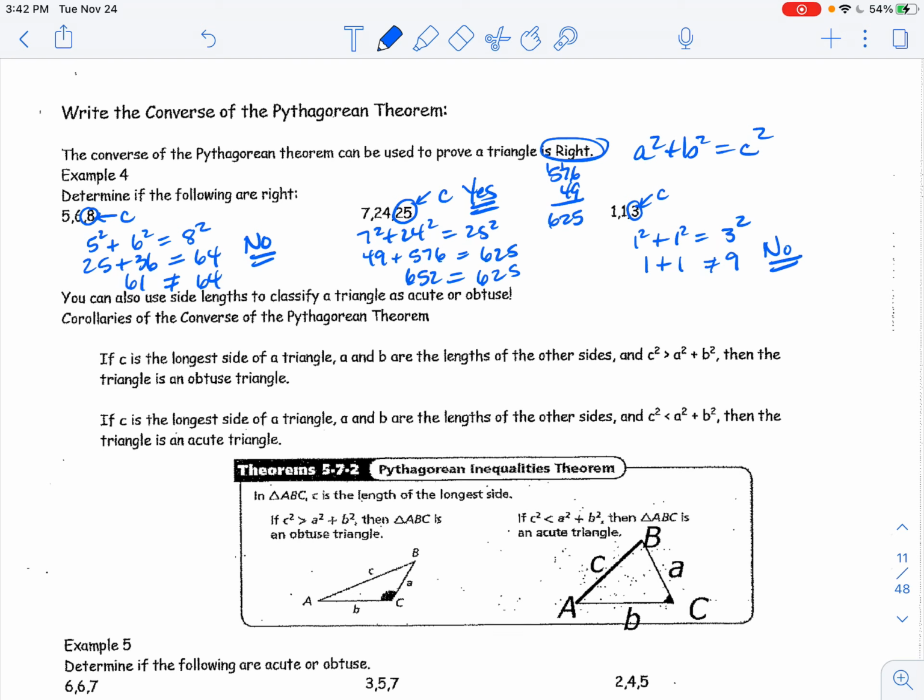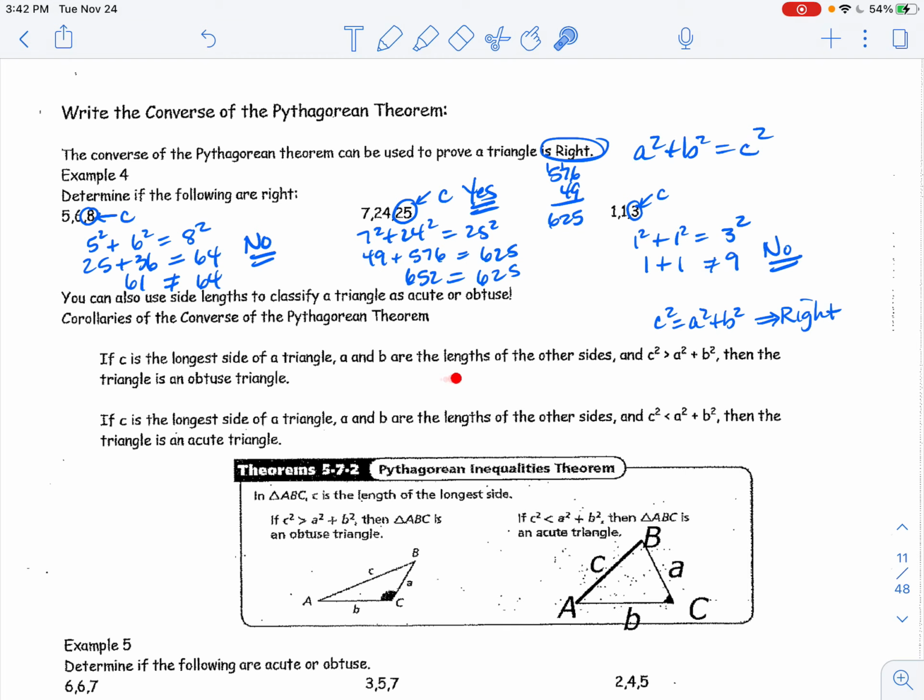You can also use side lengths to classify a triangle as acute or obtuse. So remember, if we have c squared equals a squared plus b squared, we know that this is a right triangle.